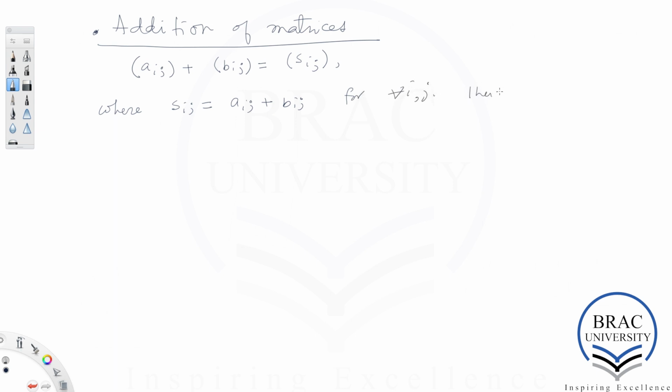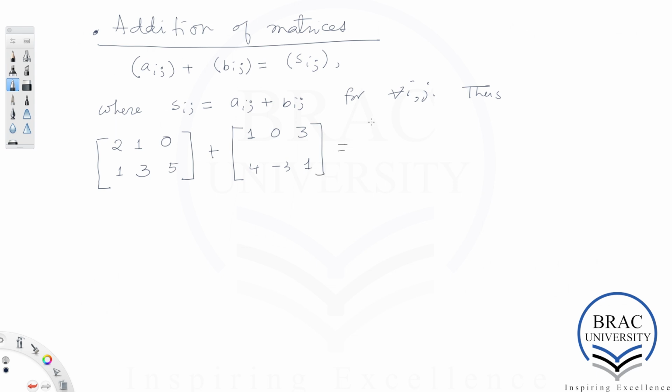Here is an easy example of matrix addition. We have a 2 times 3 matrix, 2 1 0 / 1 3 5. We have another 2 times 3 matrix given by 1 0 3 / 4 minus 3 1.